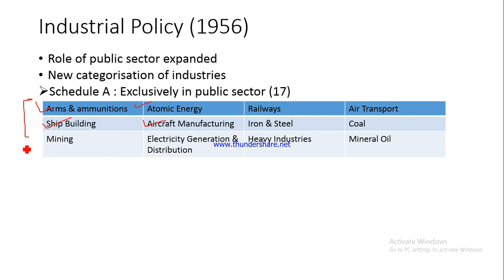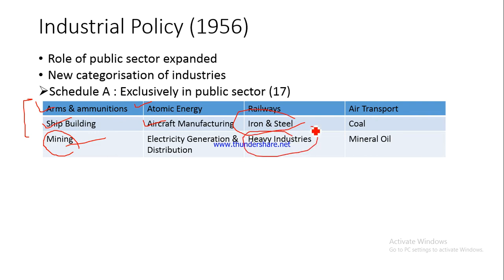Again, those sectors which are important as far as the infrastructure of the country was concerned, as far as the economy of the country was concerned, like mining, like iron and steel. Now they were very, very important for economic development of the country.